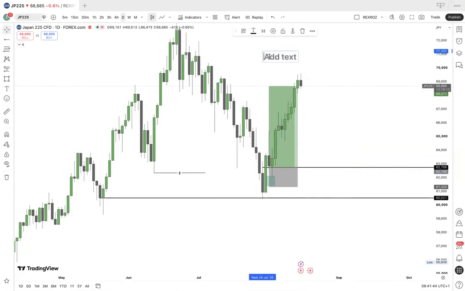Number one, I have the 1D time frame, daily time frame. Number two, I focus on, sometimes I go to the 8 hours time frame to look for some key levels.